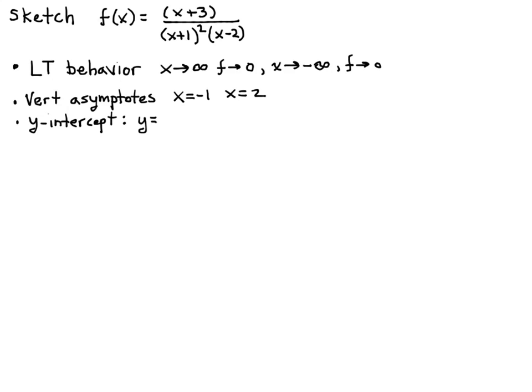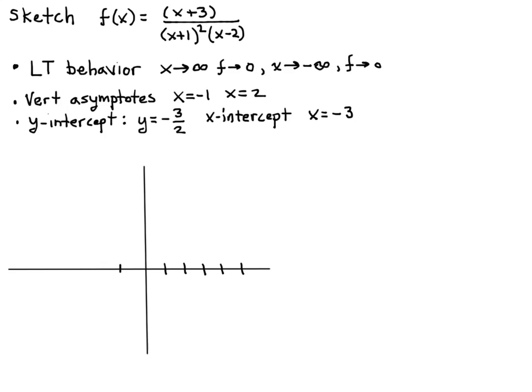The y-intercept, we plug in a 0, and so we get 3 over 1 squared times -2, and so our y-intercept is going to be -3/2. We only have one x-intercept because there's only one way that this thing can be 0, and that's when x plus 3 equals 0, so x equals -3. And so that's about all we can get from looking at that function.